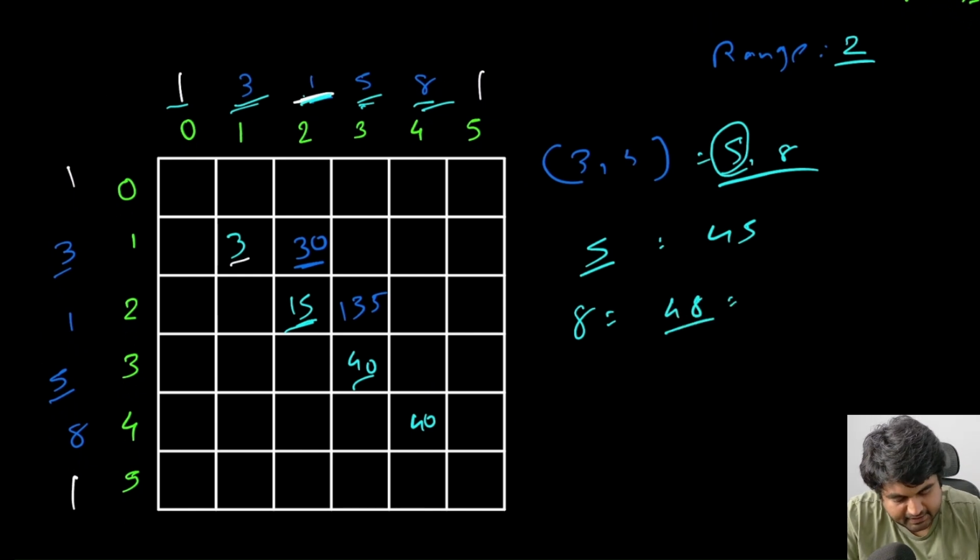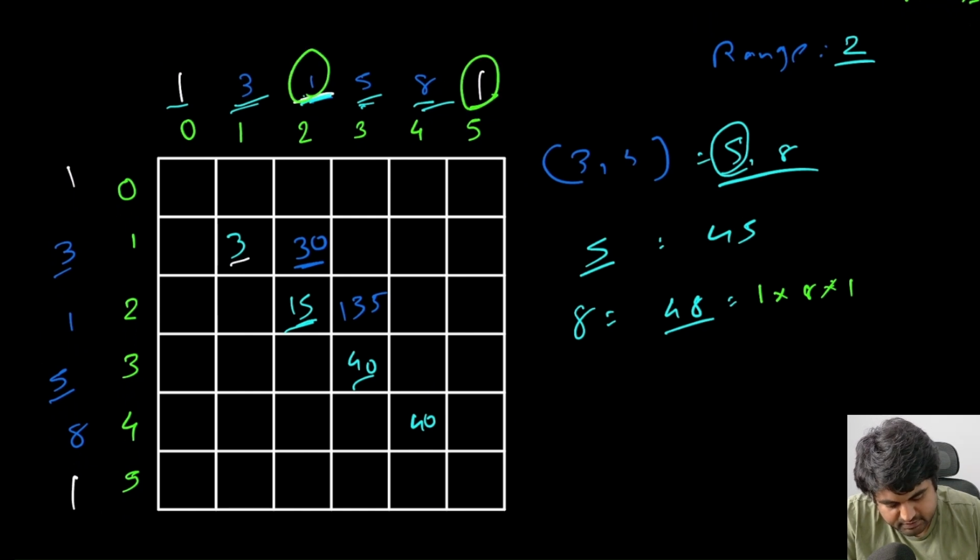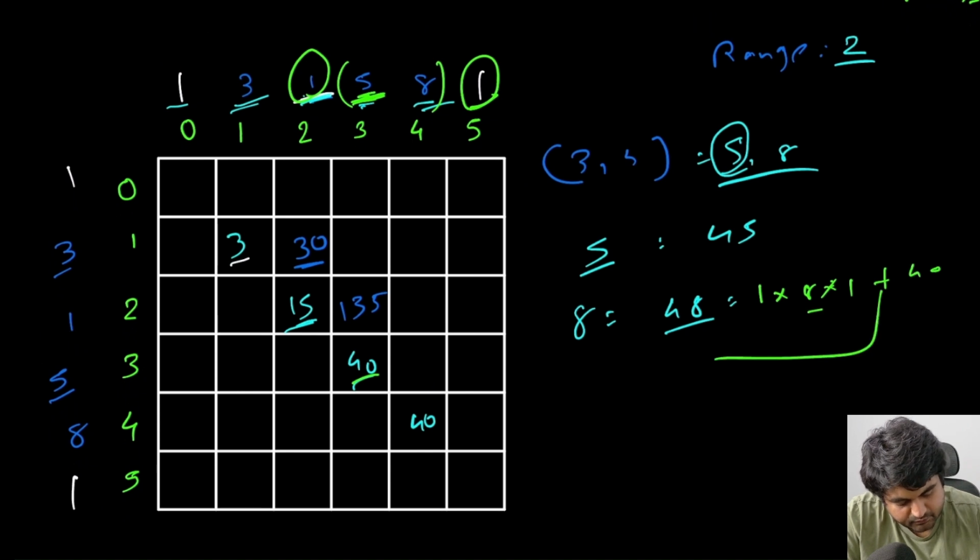I'll quickly explain. We are doing 1 multiplied by 8 multiplied by 1, plus whatever value we get by bursting the other balloon, which would be 40. So 8 plus 40 sums up to 48. So the maximum value is going to be 48 for range 3 to 4, and we'll mark it over here as 48.